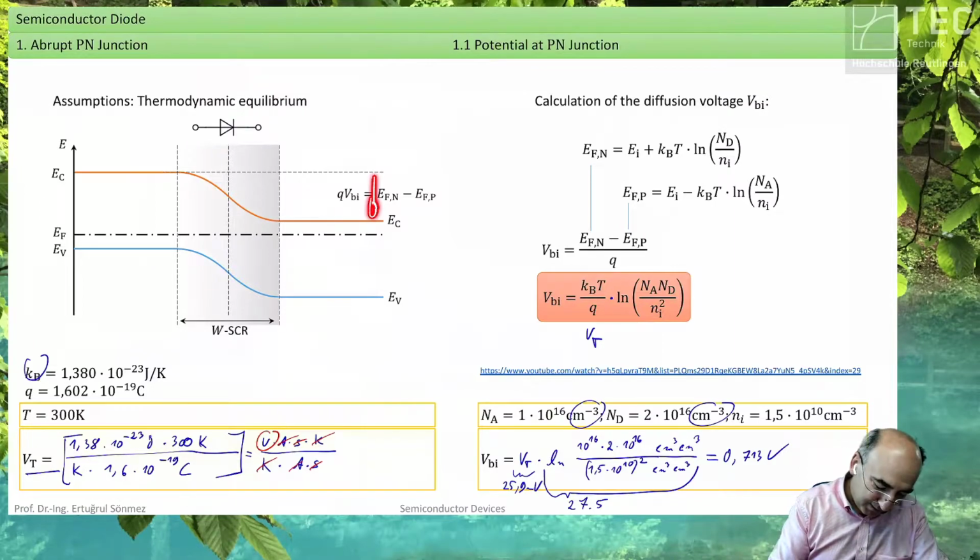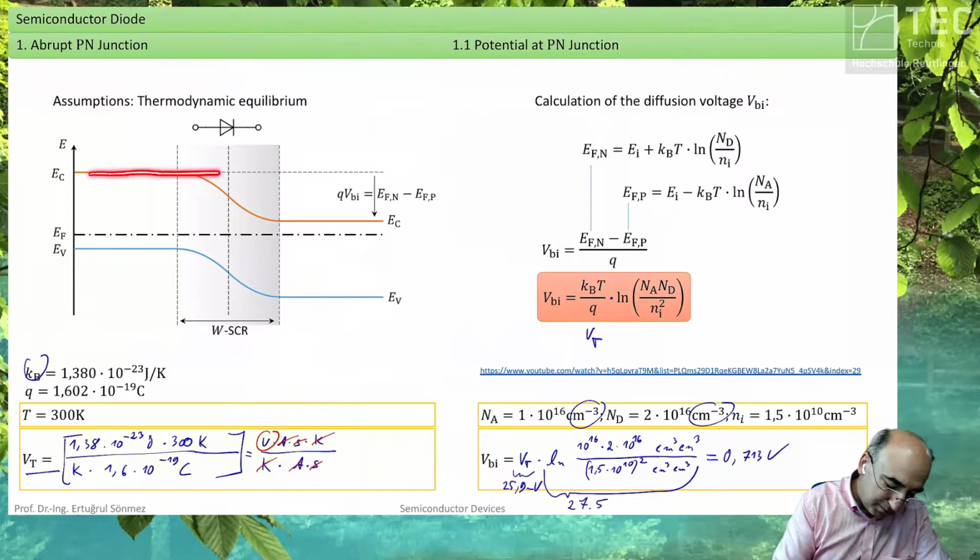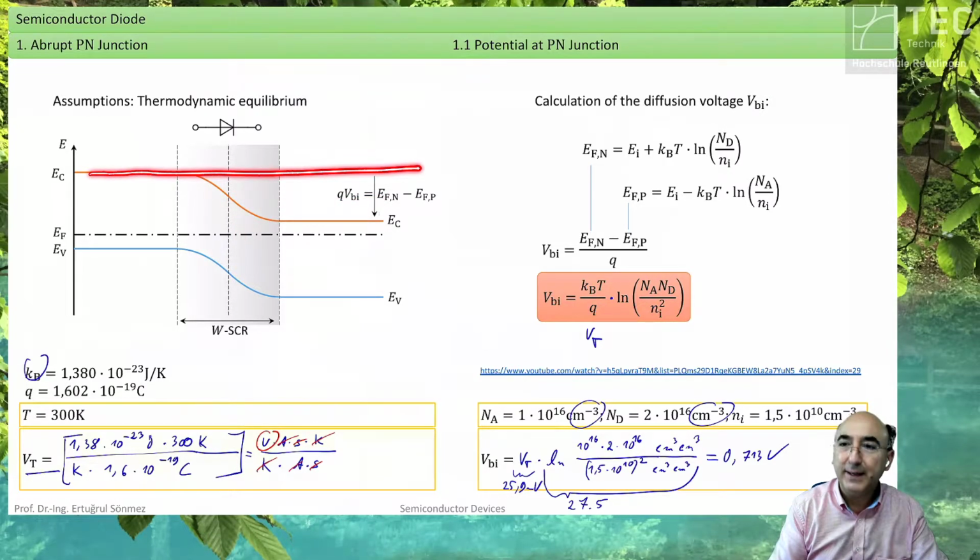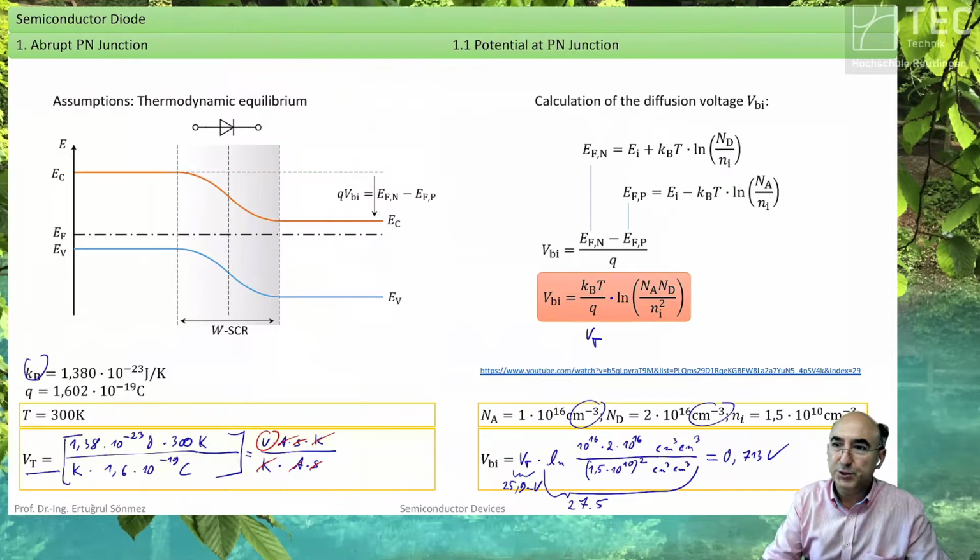So what happens if you increase this Fermi level so much that your conduction band gets flat? That's the flat band condition. The probability gets infinite.